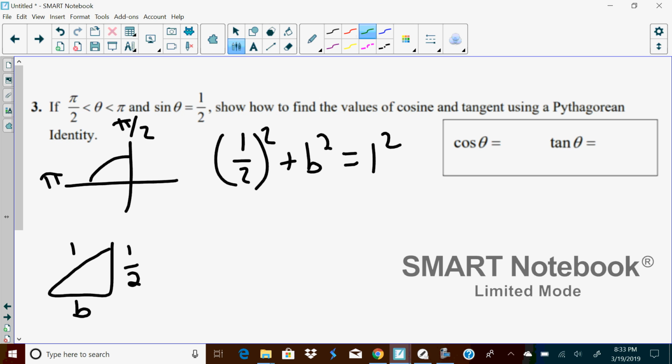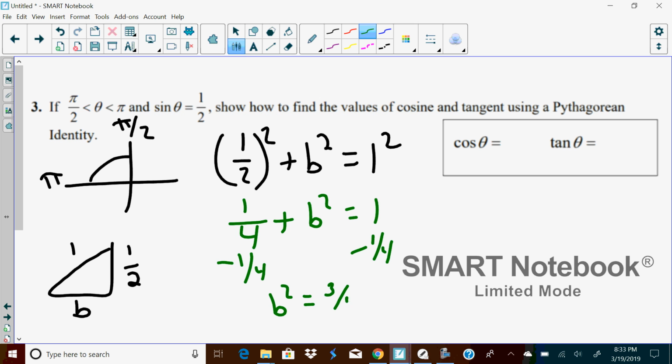So I'm going to get 1 over 4 plus b squared equals 1. Subtract 1/4. So I end up with b squared equals 3/4. So I'm going to get the square root of 3 over 2. So b, which is cosine, is the square root of 3 over 2.